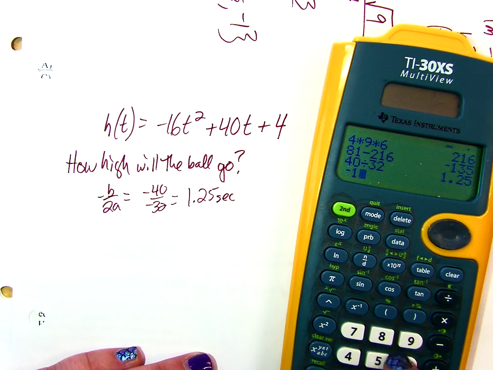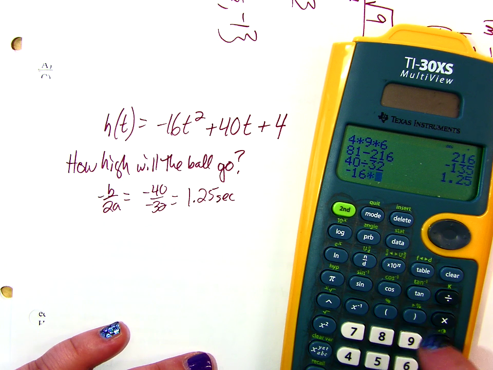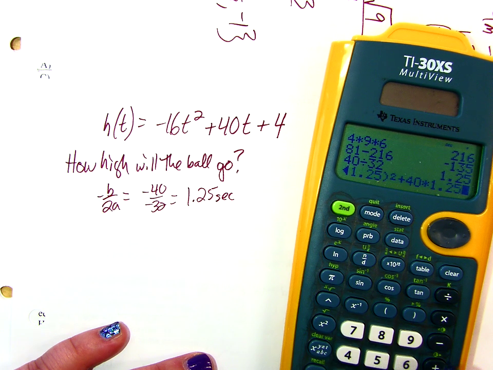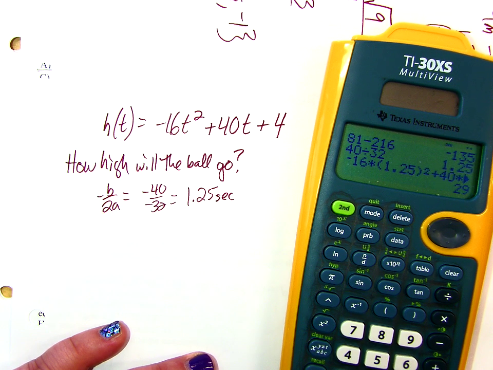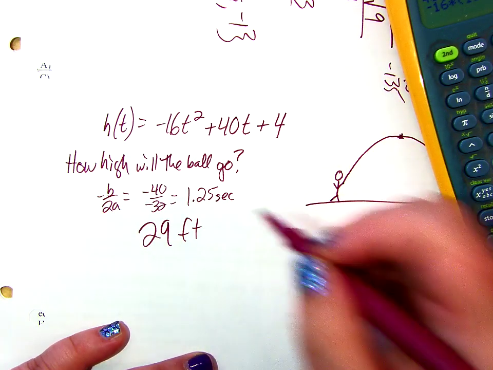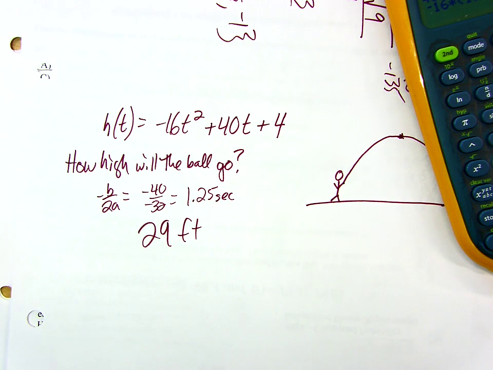Remember, you have a calculator at your disposal, so I hope you use it. Let's assume we're in feet. Okay, so the highest this ball will ever go is 29 feet.